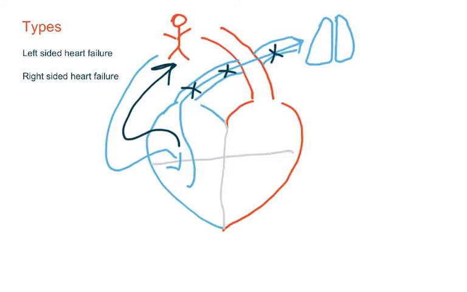So there will be congestion, but in the body parts, like in the lower limbs and abdomen, with a patient who has right heart failure. Remember, we can have isolated left heart failure or right heart failure, and we can have both together simultaneously. Similarly, we can have a systolic heart failure or diastolic heart failure, or both together.